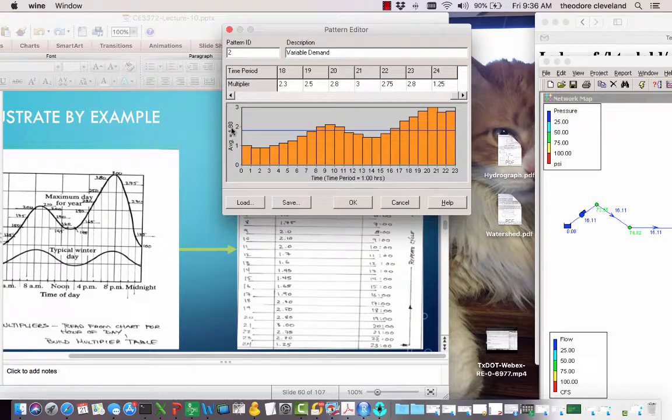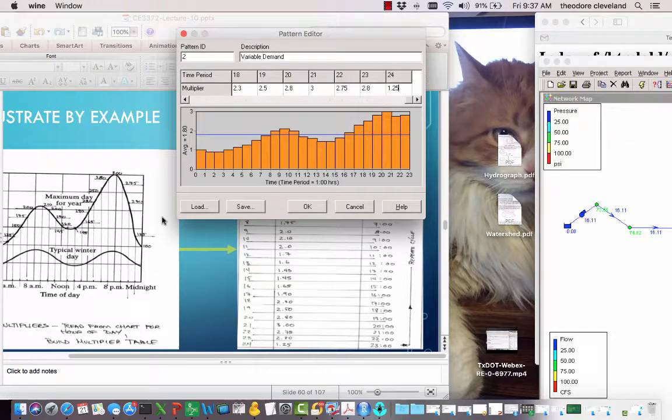So there's my demand pattern for my maximum day, and it also keeps track of the running average, so this is basically a daily multiplier of about 1.8 times the average day. So this would represent a pretty large community if you remember lesson number 8, where there were average multipliers and then we had hourly multipliers.